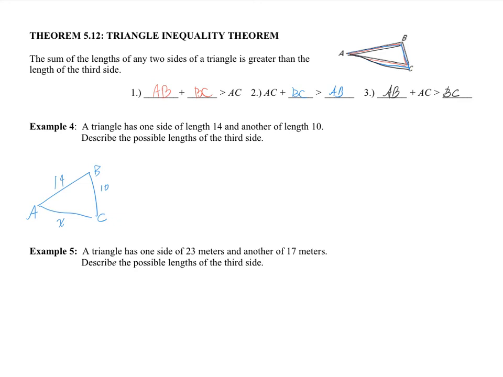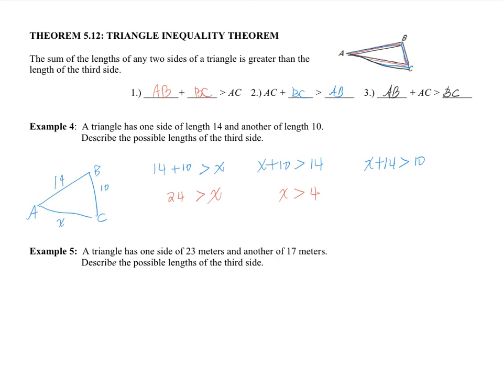So I can have 14 plus 10 greater than x, or x plus 10 greater than 14, or x plus 14 greater than 10. And this would give me 24 greater than x, and x greater than 4.